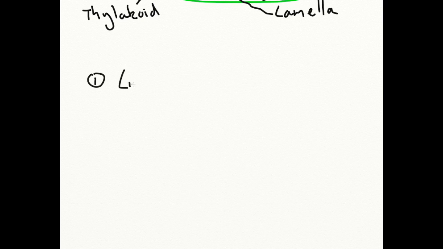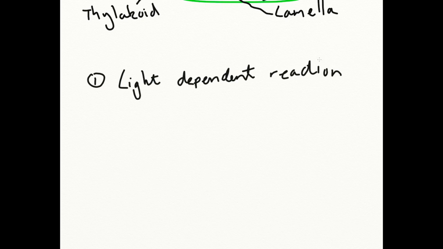Photosynthesis itself is made up of two processes that we go into in much more detail. The first one is the light dependent reaction. Okay, and the clue being in the name, the light dependent.